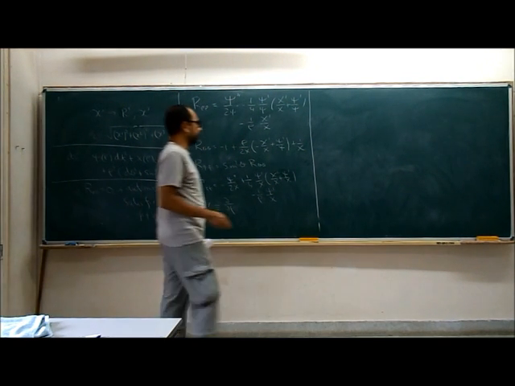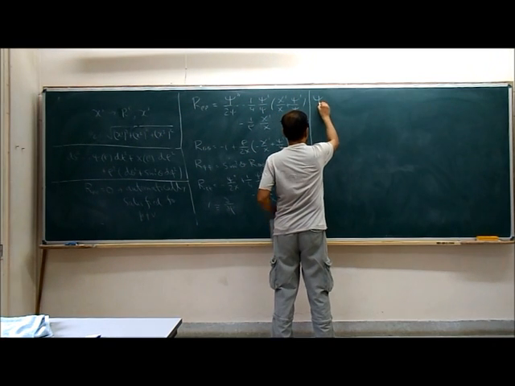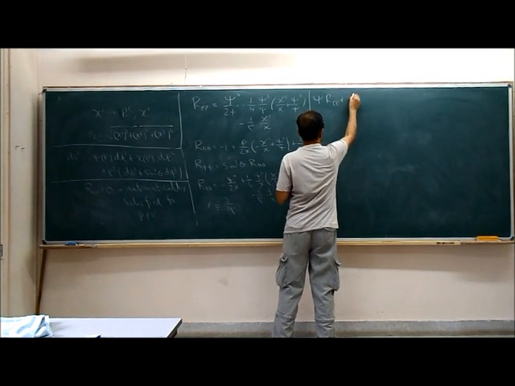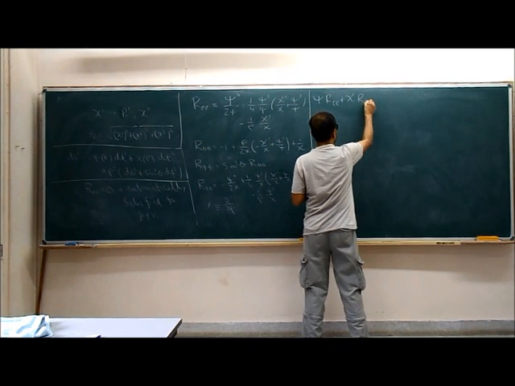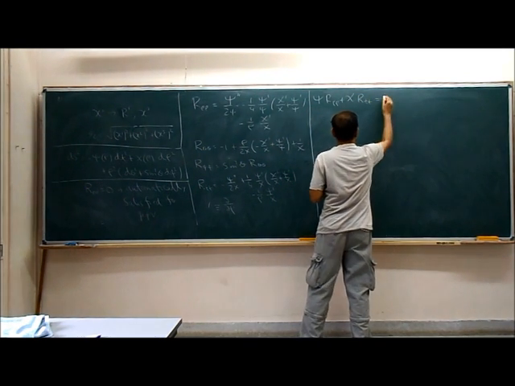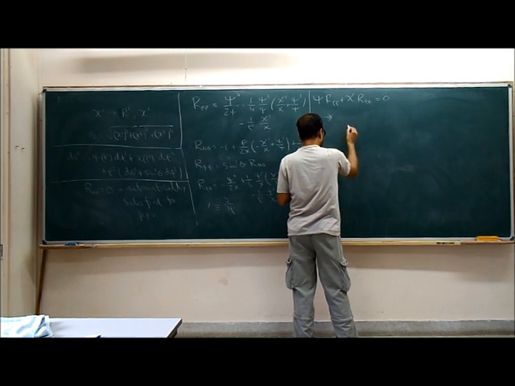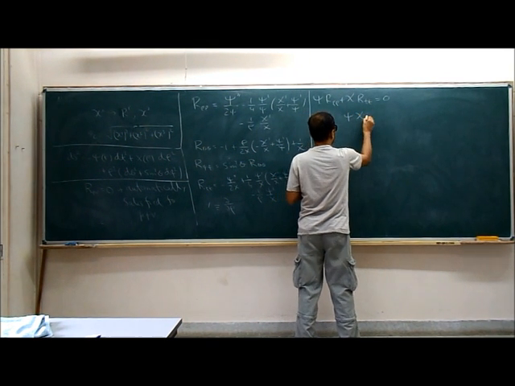Then we also analyzed this equation ψ times R_ρρ plus χ times R_tt equal to 0, and this we saw has a solution which is ψχ equal to constant.